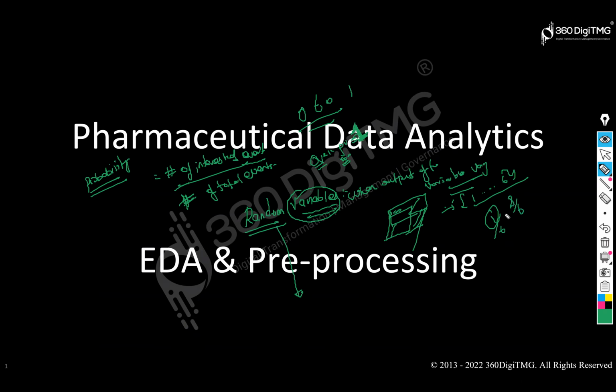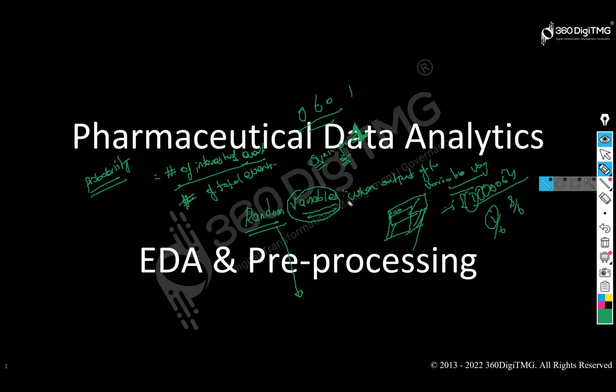So when each possible outcome has a probability associated, it is called random. When both properties are present, it is called a random variable.